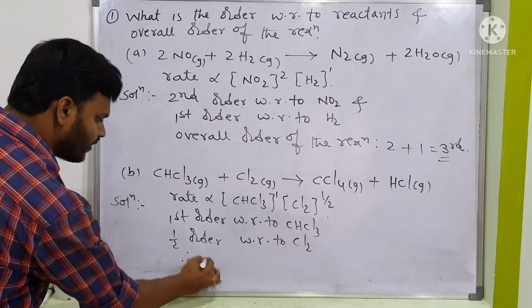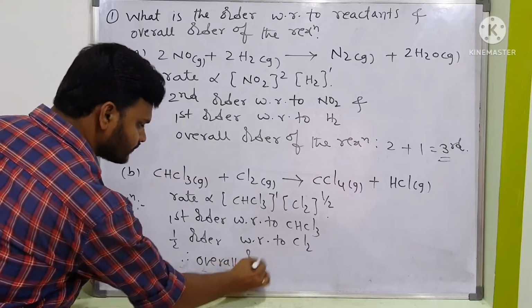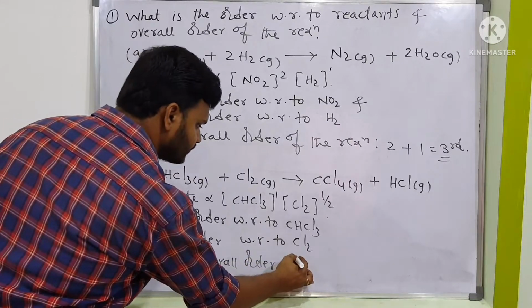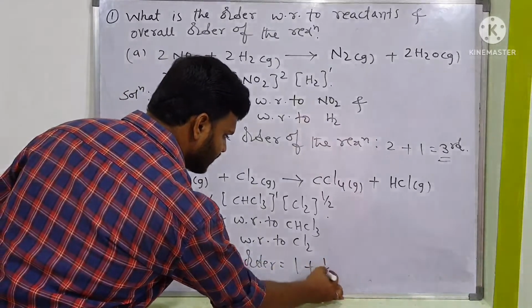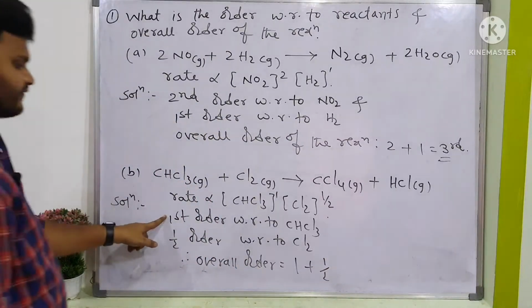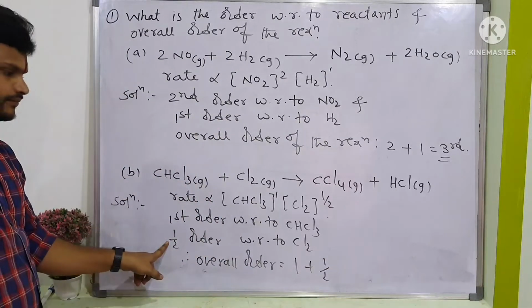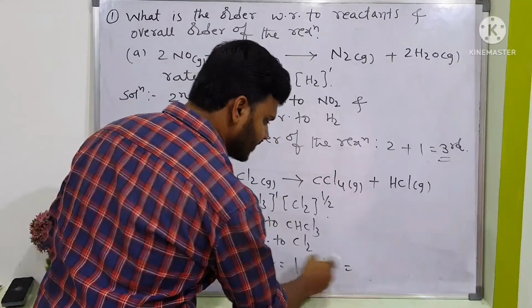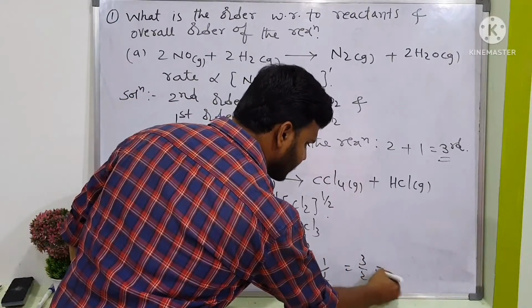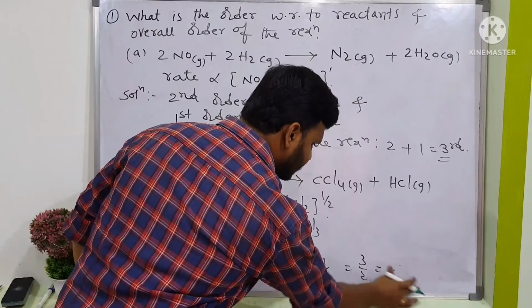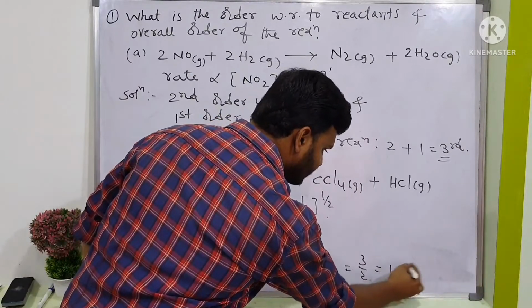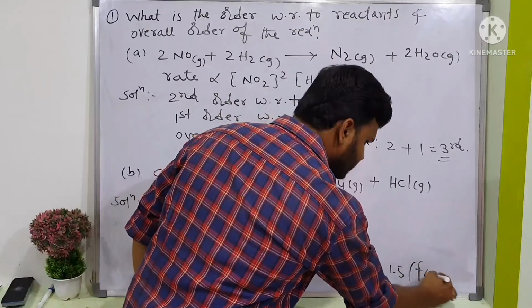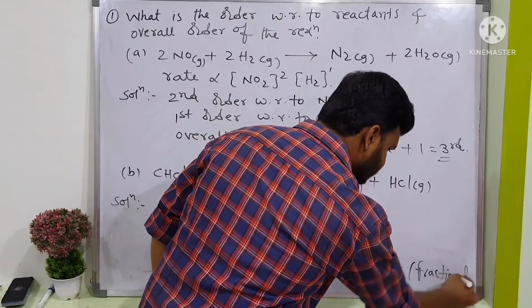So therefore overall order equal to 1 plus 1 by 2. This is first order and this is half. 1 plus 1 by 2. 2 into 1, 2. 2 plus 1, 3. 3 by 2. 3 by 2 is nothing but 1.5. 1.5 is nothing but fractional order.